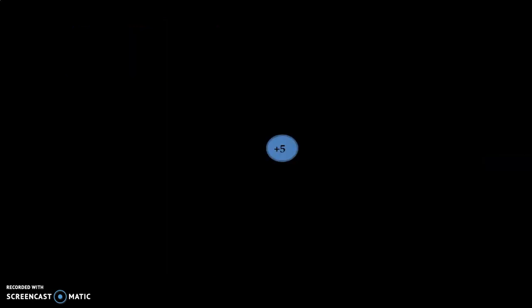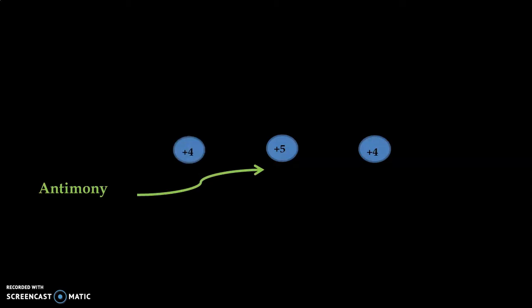We have one pentavalent element like antimony added as an impurity with silicon or germanium atoms. All other neighboring atoms are of silicon or germanium.